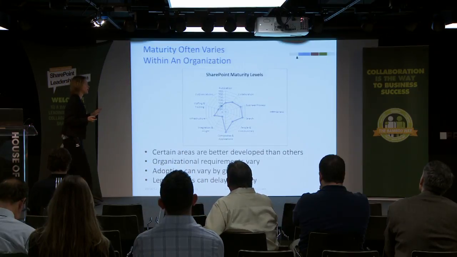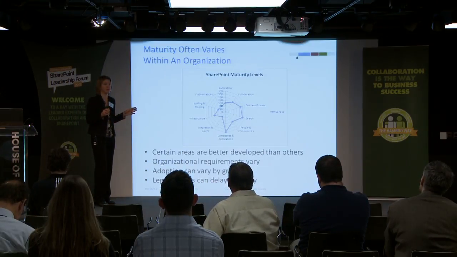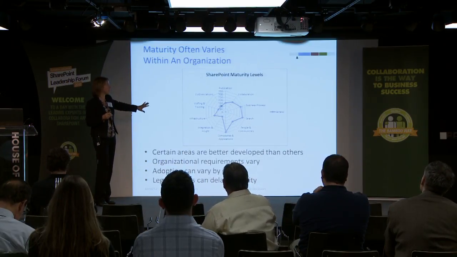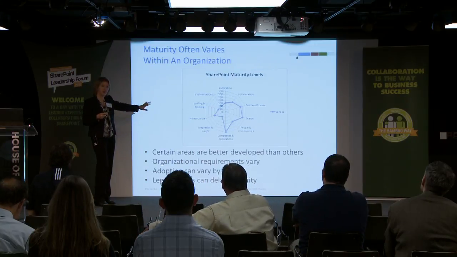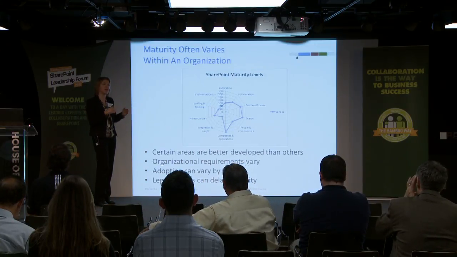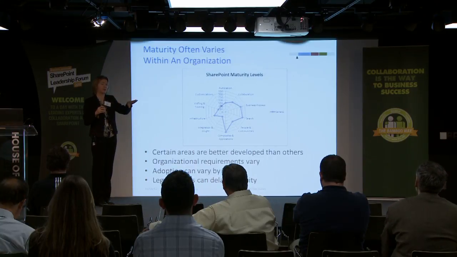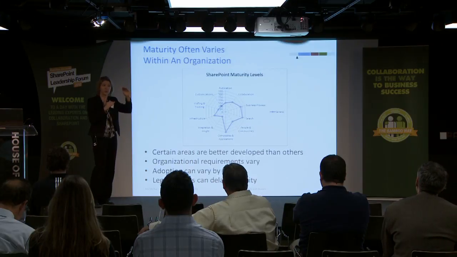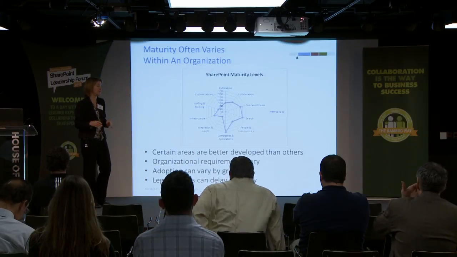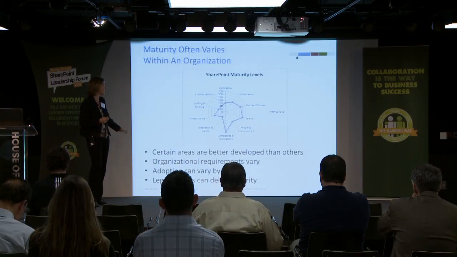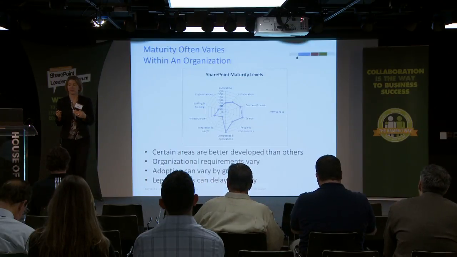Just to point out, I think this is probably self-explanatory, but it can really vary within an organization, right? So your maturity across the competencies can vary widely, and even among functional areas or departments, it's going to vary. You might have one department that's really going crazy with business process, and they're using workflows really well, but the other departments may not be yet. Completely typical. And there's a lot of reasons for that. Certain departments may have different needs.